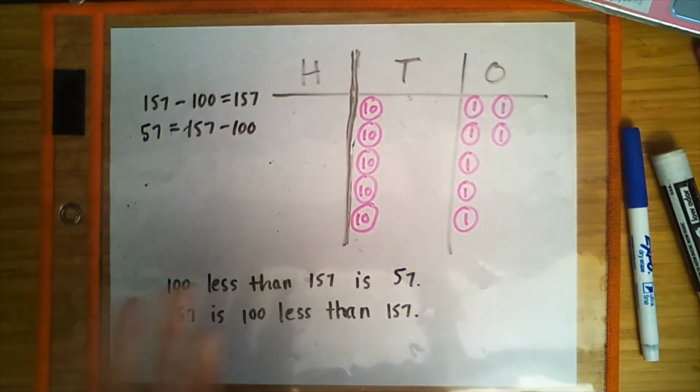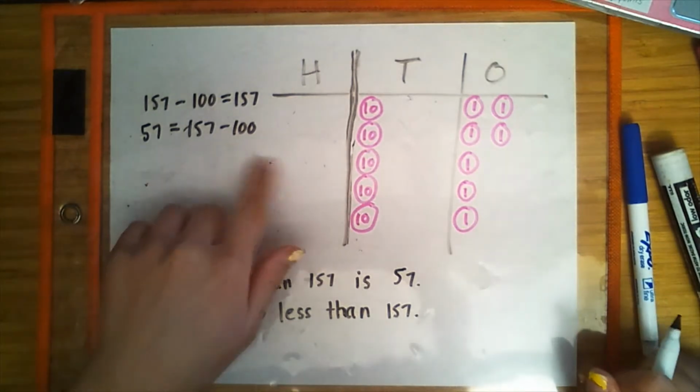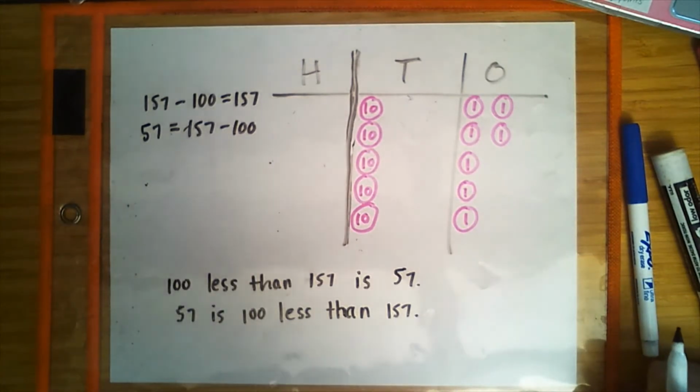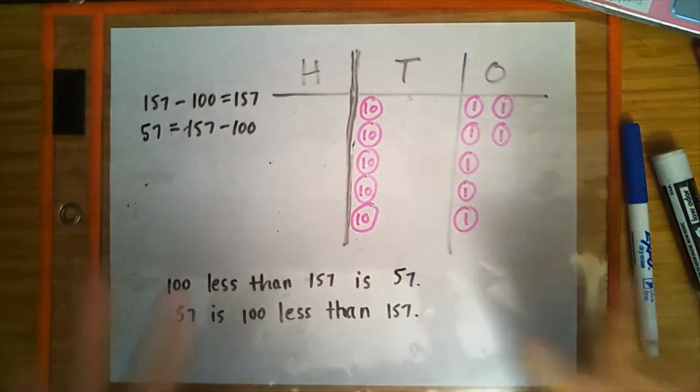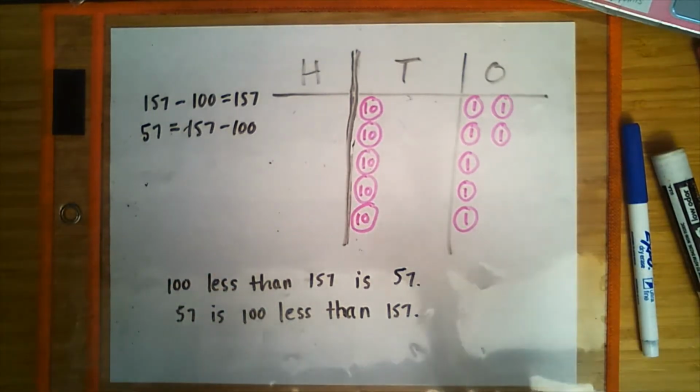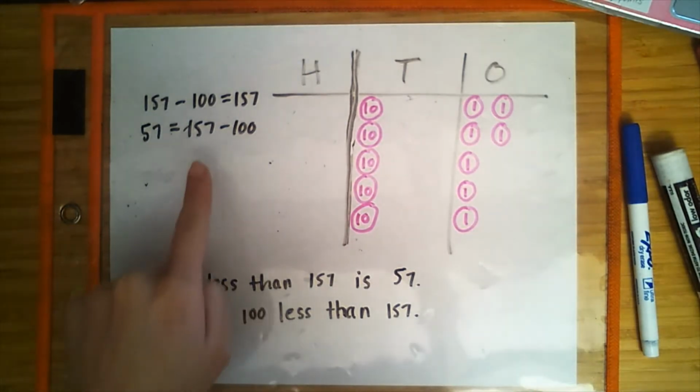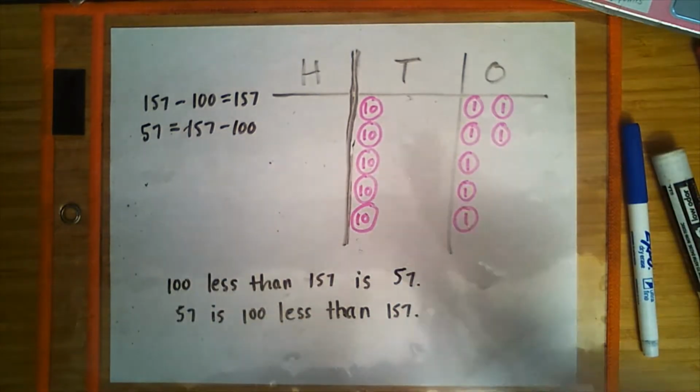And that's it for our subtraction number sentences because we cannot use the commutative property in subtraction. That would not be possible because you cannot subtract the whole from the part. And 157 is our whole amount.